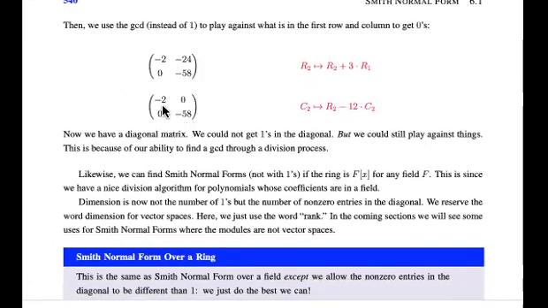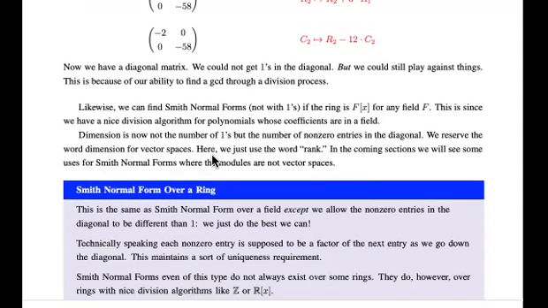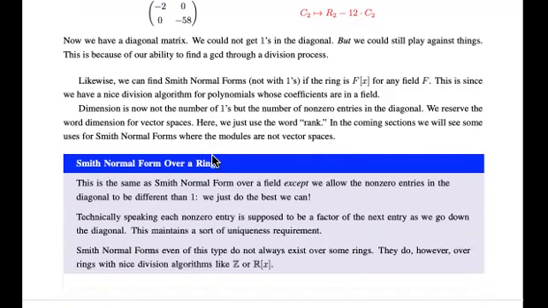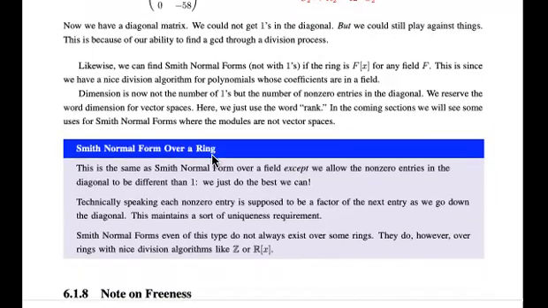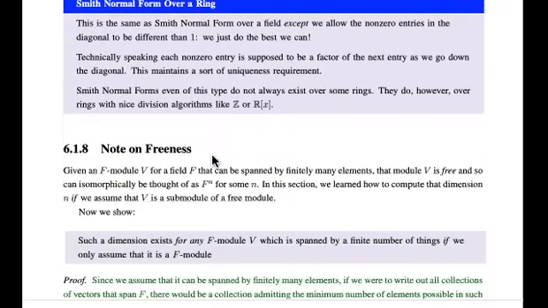That's one nice thing about free Z modules. And there's actually information that we can glean from that by working through it. So we can't find a Smith normal form with 1s, but we can just do the best we can, and it still gives us some valuable information.